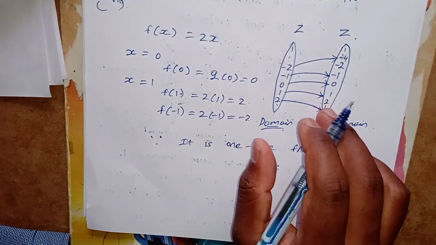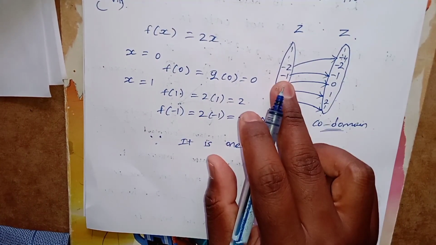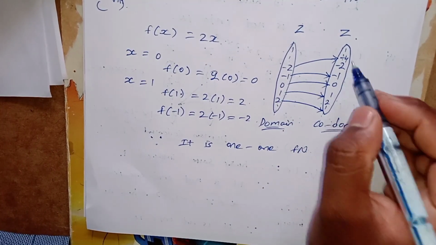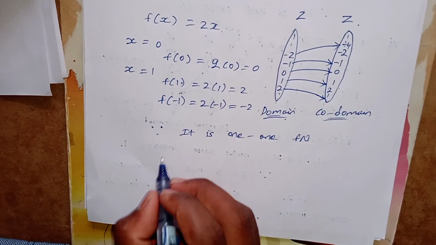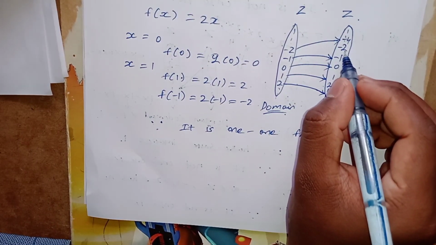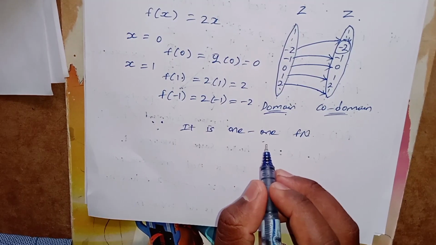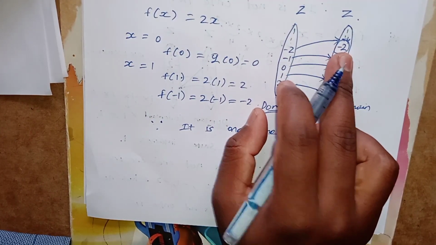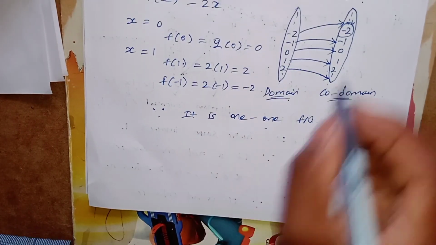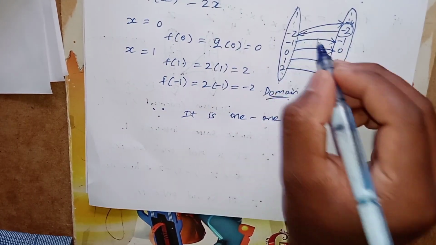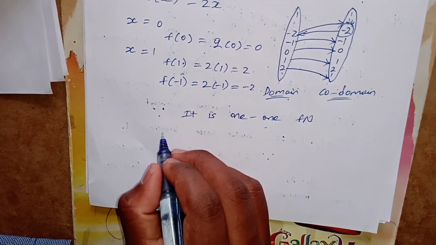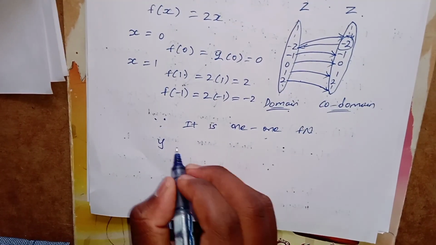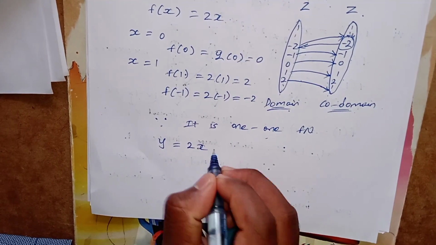Okay, next for checking whether it is onto or not, you have to see the codomain terms. In the codomain, every term should have its own pre-image. Then it is an onto function. Here clearly shown that -2 has its own pre-image. Wait, I will show what the pre-images are. Given the function, you should take f of x equal to y equal to 2x.